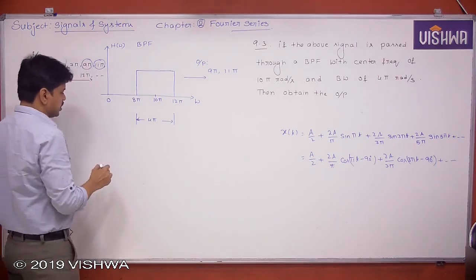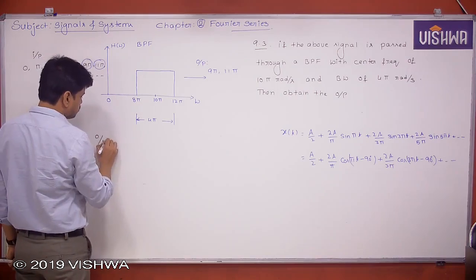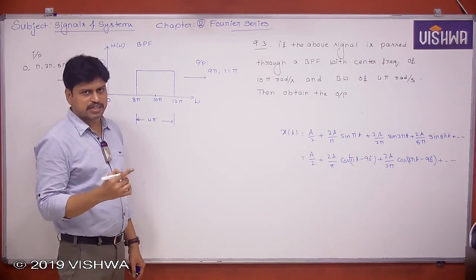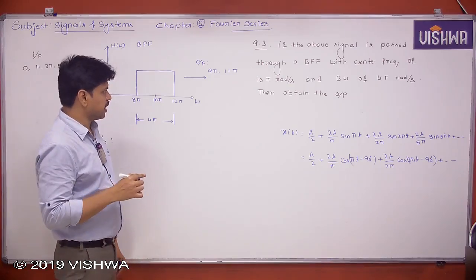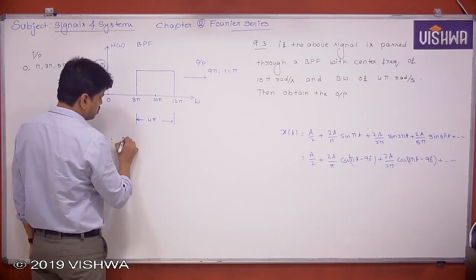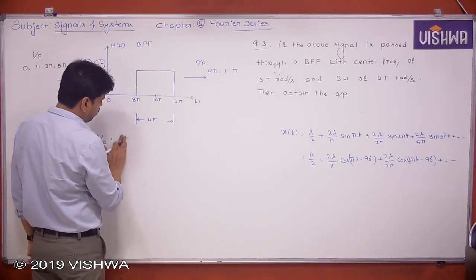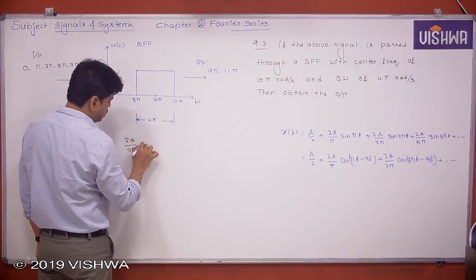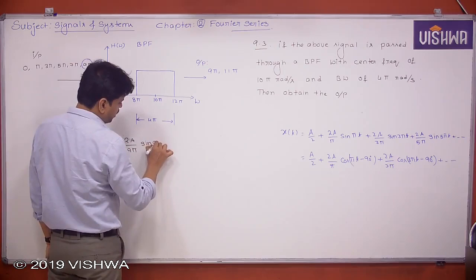Now let's see what the output is. 9 pi frequency means ninth harmonic, because omega naught is equal to pi. What is that? 2a by 9 pi sine 9 pi t.